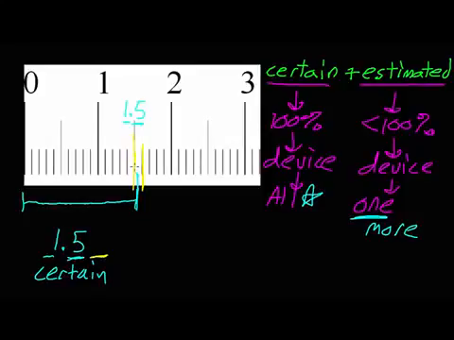I want to look between 1.5 and 1.6 here in this yellow range and estimate about where I think my blue line falls, and I'm going to say 0.04. So 0.04 would be my next digit. That yellow digit now is considered to be an estimated one.